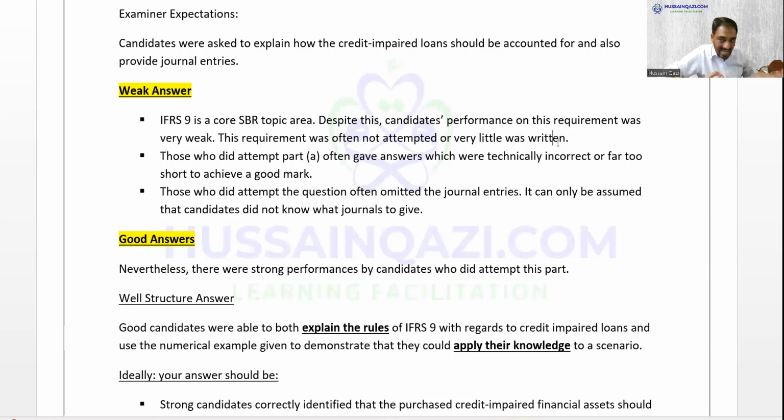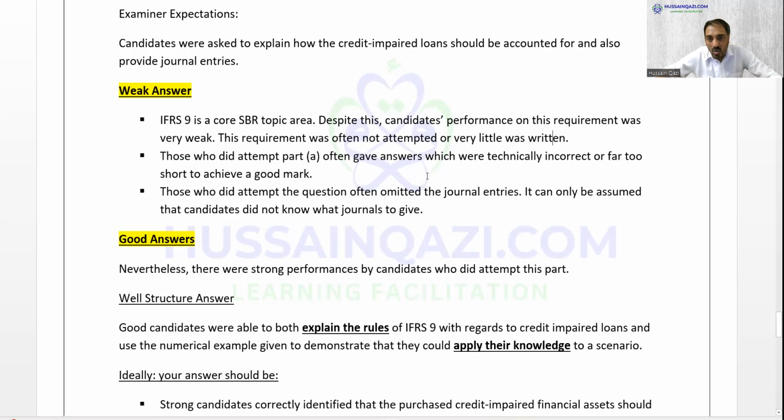Number one, relax and start your answer with the easiest way. Once you start with the easiest way, your confidence will build up. And then if you move on accordingly, whatever you feel is right or wrong, you will have to attempt the complete question.